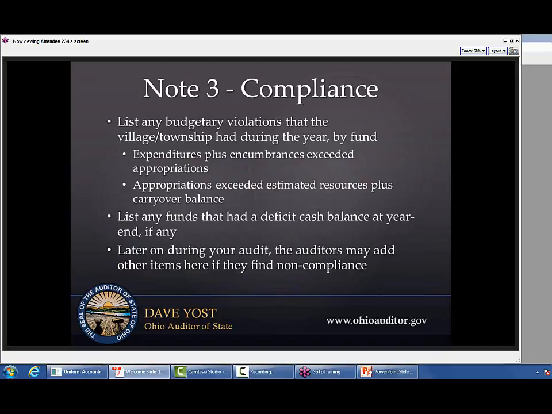And later on during your audit, if the auditors find some other kind of compliance issue or something else that they want to add to this note, they may do so, but at least you'll have the basics. You'll have what you have found, and if they need to add something later, then they can do so.